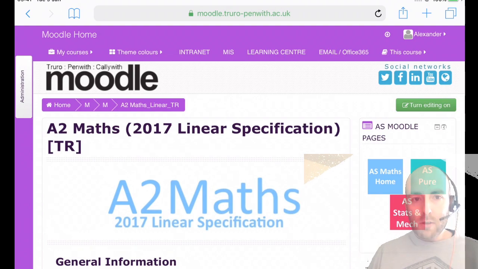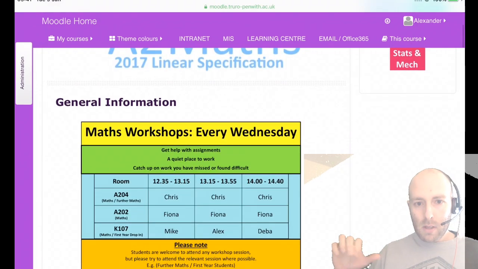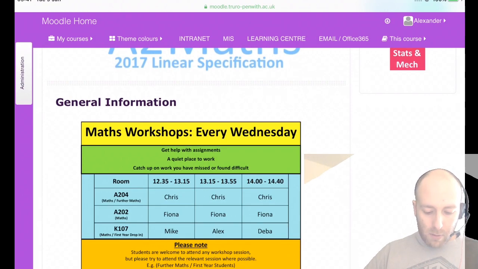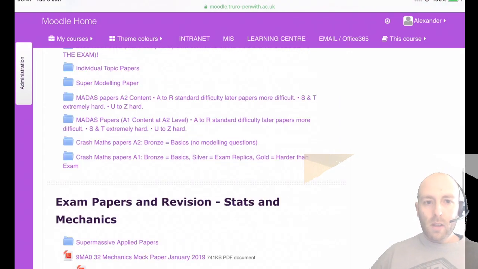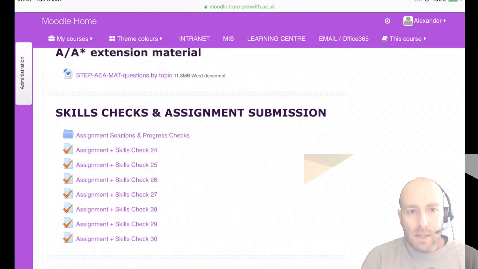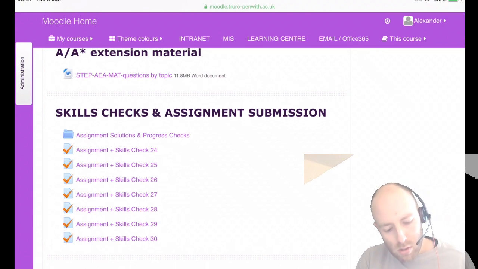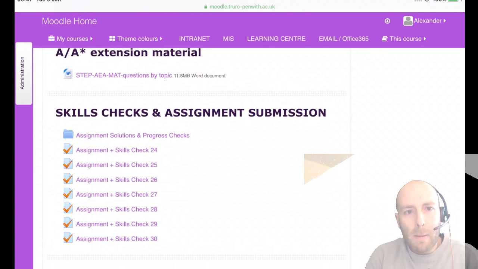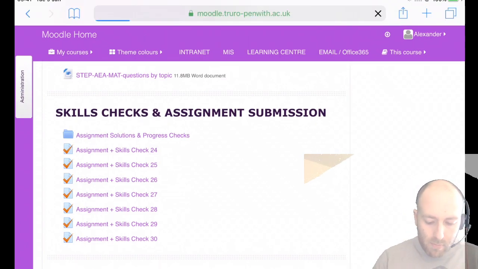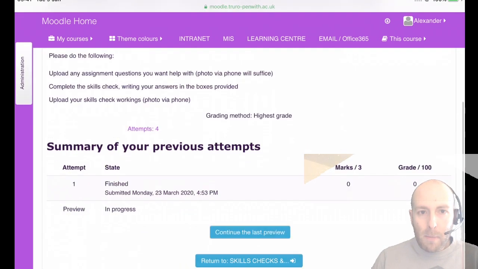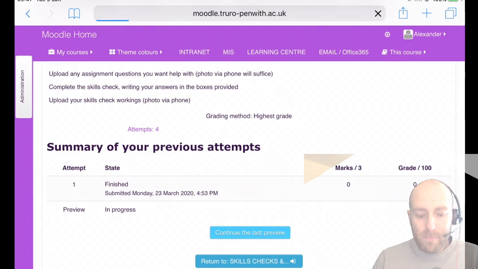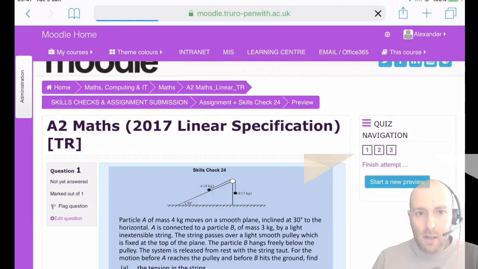So if you go to Moodle, scroll all the way down to the bottom, you can see the new assignment and skills check column. I think you guys are on assignment 24. So click on there. There's a skills check.